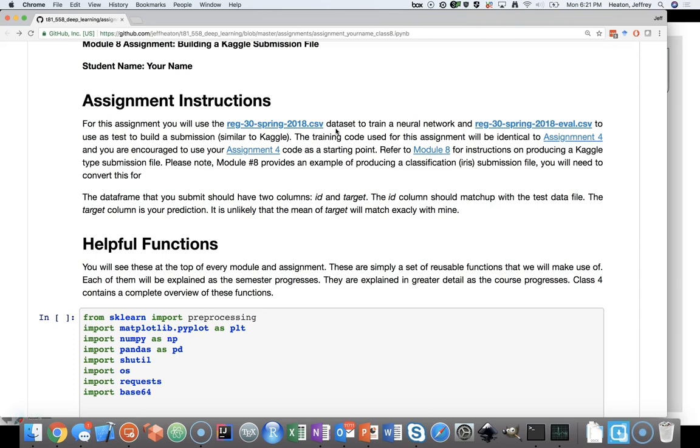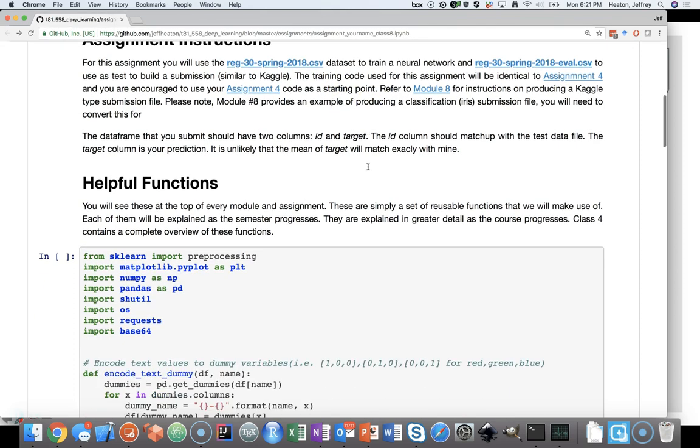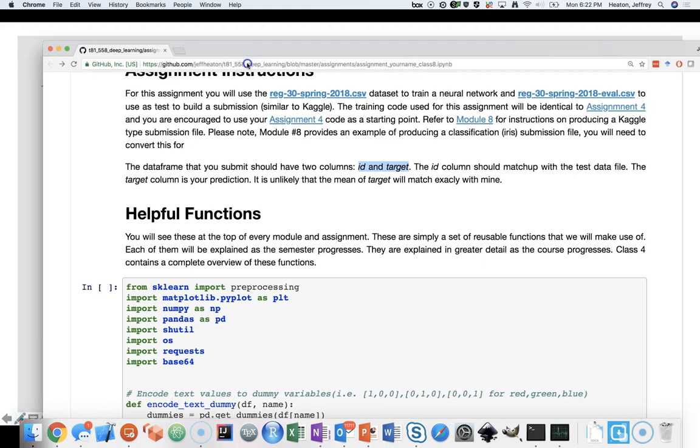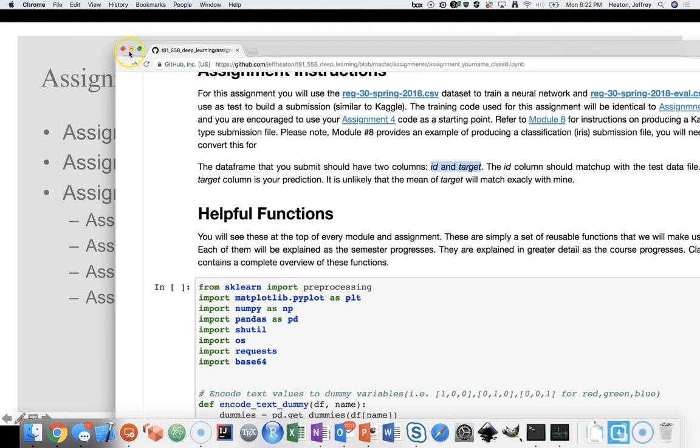The submission file, you just send back your predictions. You send back your ID and prediction. I'll show you an example file of that in a moment. So what you're sending back, you just have your ID and target. It's exactly the format you'll use for Kaggle, so that gives you a chance to practice that.